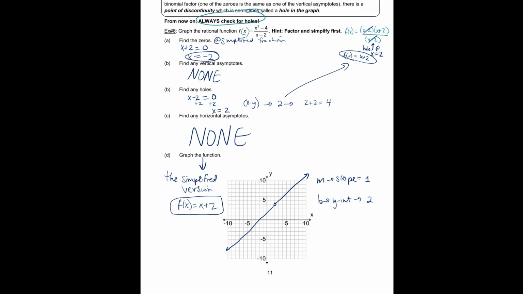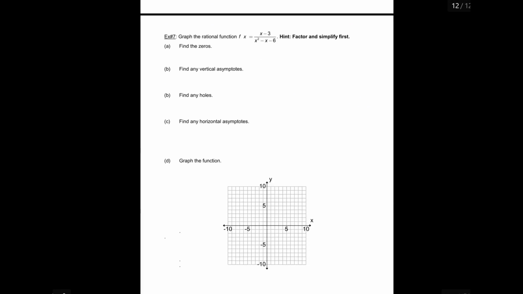Let's do example 7, since we have 6 minutes left. We have enough time. It's not too long, but it puts the whole thing that we did today and this year together.